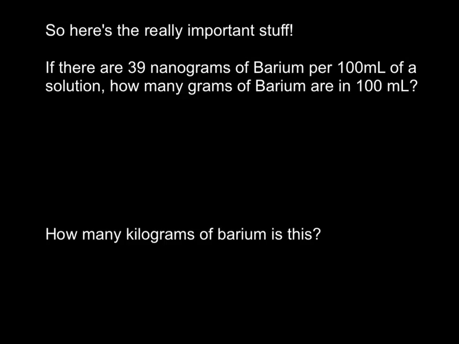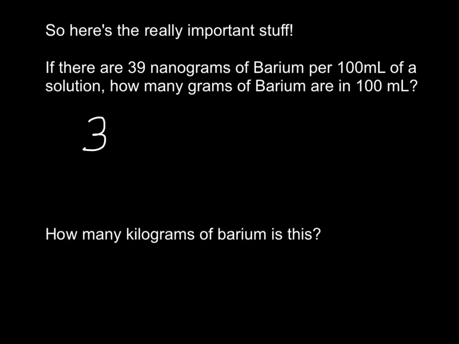Okay, so let's apply this to a little bit more of a chemistry problem. We've got a solution, and we figured out that there's 39 nanograms of barium in 100 milliliters of solution. Well, let's see if we can figure out how many grams that is. Well, remember nanograms is 10 to the negative 9th. So let's start writing some things down here.